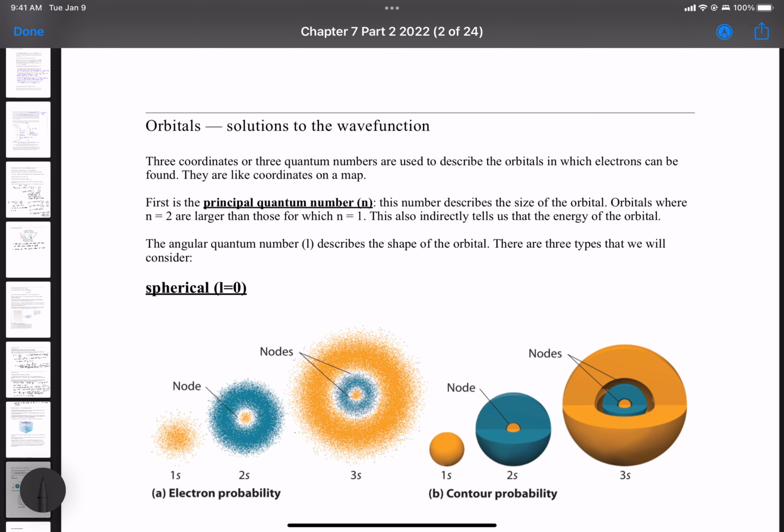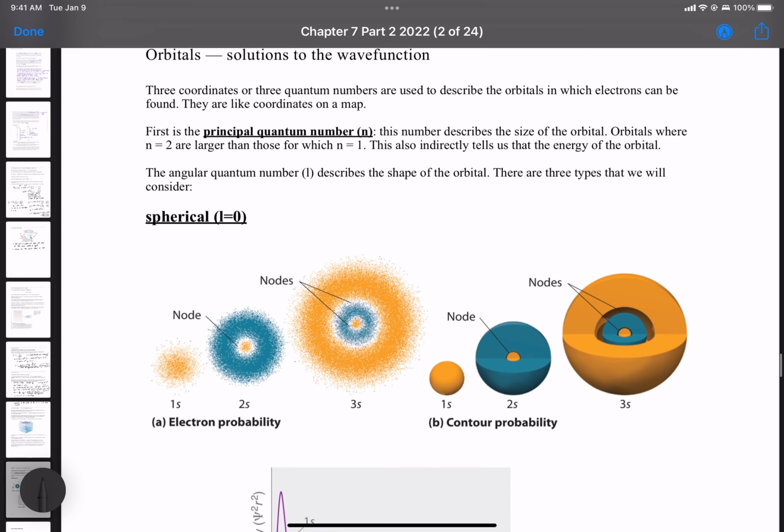So the 1s, for example, if we look at this picture, we have the 1s, the 2s, and the 3s. We see here that as you go from the 1s to the 2s to the 3s, you increase the number of nodes.